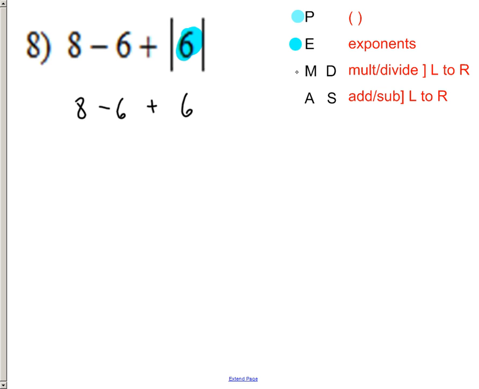No exponents, no multiplication or division, addition or subtraction, left to right. I know addition is mentioned first, but it does say left to right. So we'll do this one because it's on the left side. Keep, change, change. That is a +2. And we pull down the +6. Finish it out with addition. There we go.